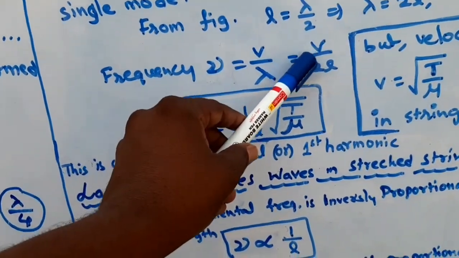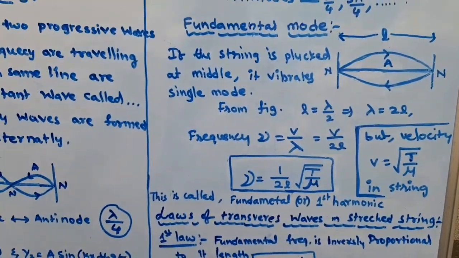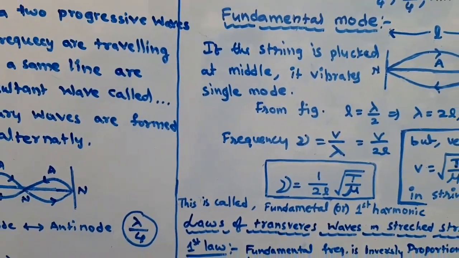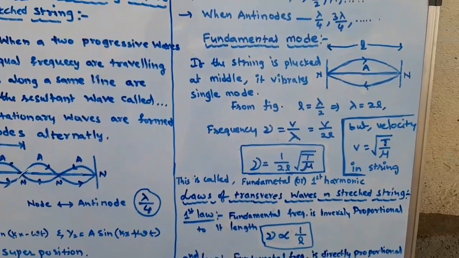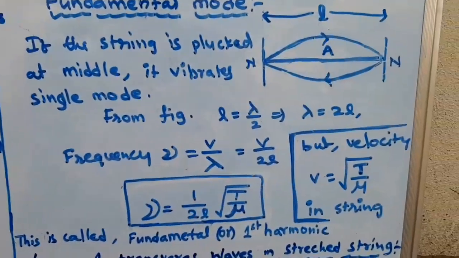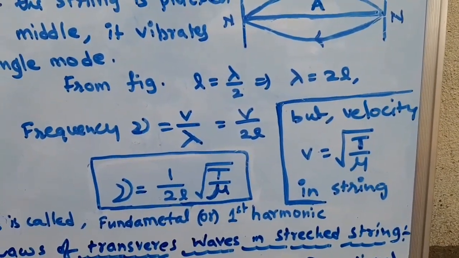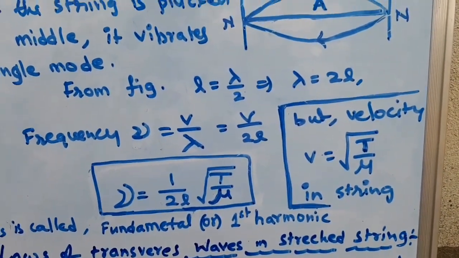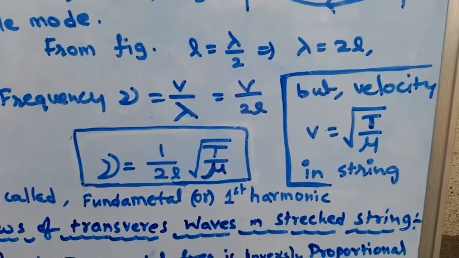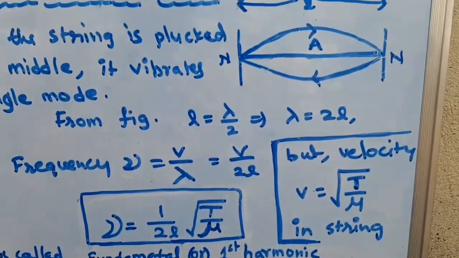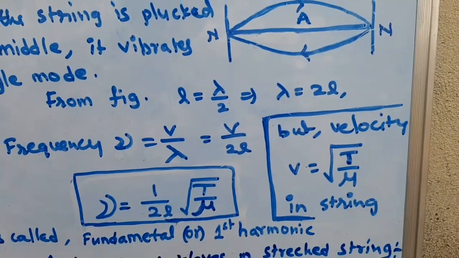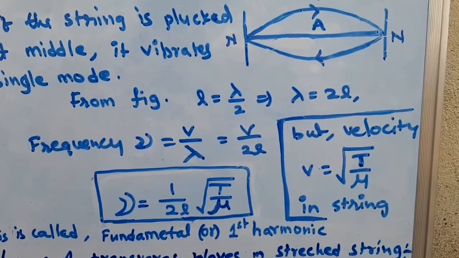But what is the velocity in a stretched string? We already have an equation for that. The velocity of a stretched string is the square root of T by mu, where T is the tension in the string and mu is the linear density of the string.